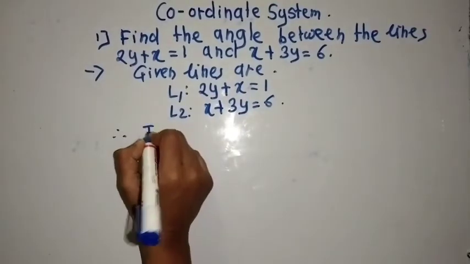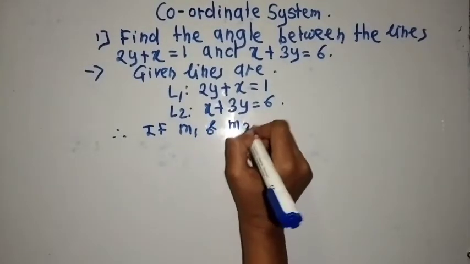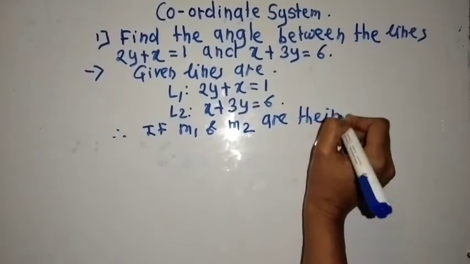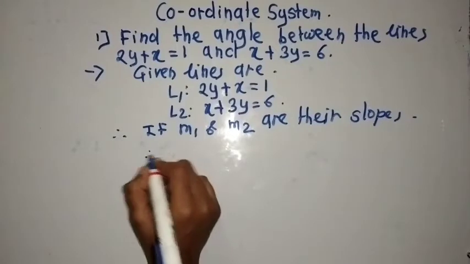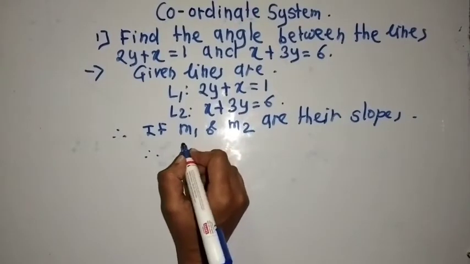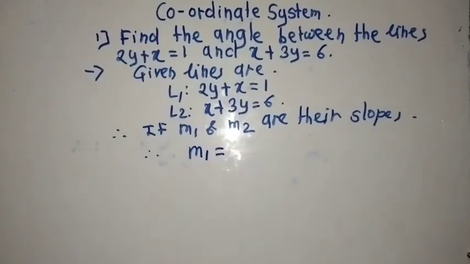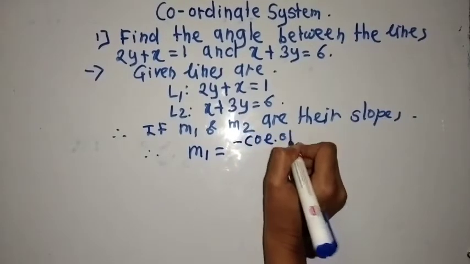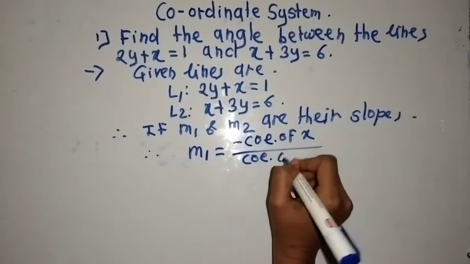If M1 and M2 are their slopes, then slope M1 is equal to minus coefficient of x upon coefficient of y.